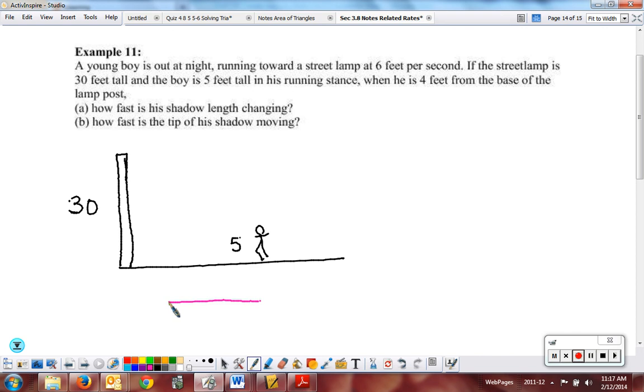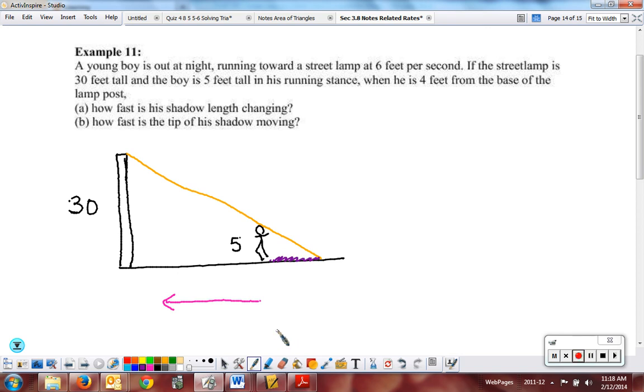His speed, he's traveling this way. I need some variables before I can do the speed, though. All right, so now I've got to put some variables on here. I have my light shining down. Look, I made it yellow for light. And where's the shadow at anyway? Behind him. So here's my shadow back here.